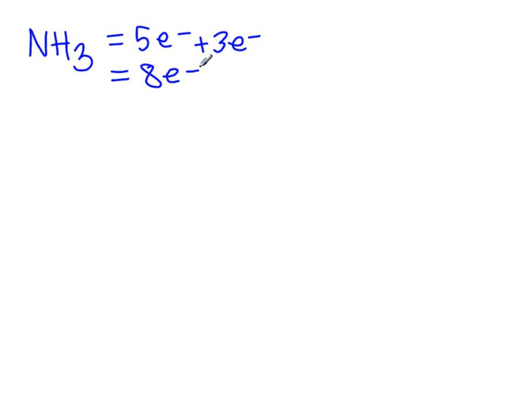What's going to go in the center? First element is nitrogen. It's also more electronegative than hydrogen, but in this case we said hydrogen is never going to go in the center, so nitrogen wins here. So nitrogen in the center, I have to spread out my hydrogens around the nitrogen.